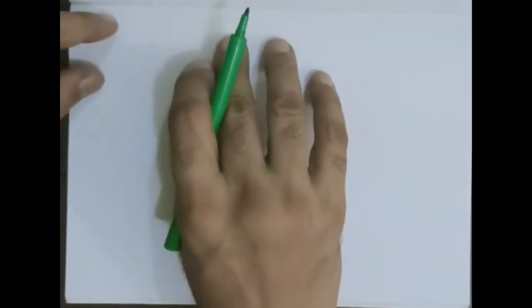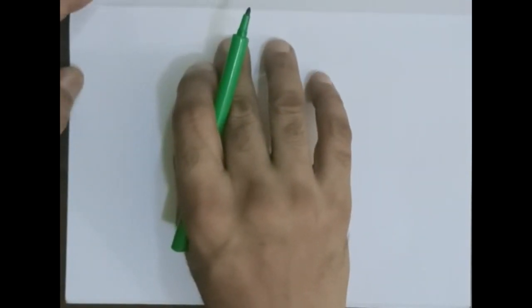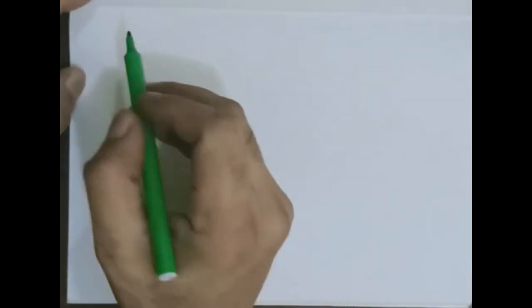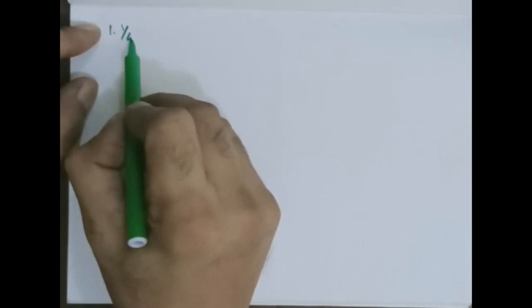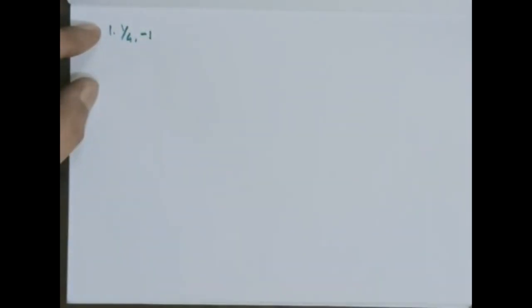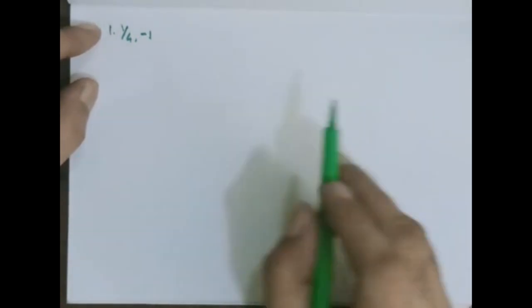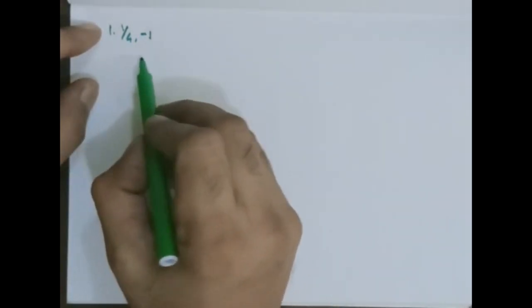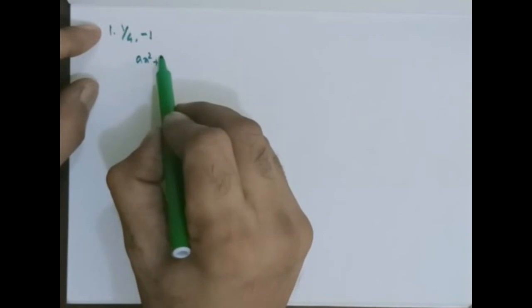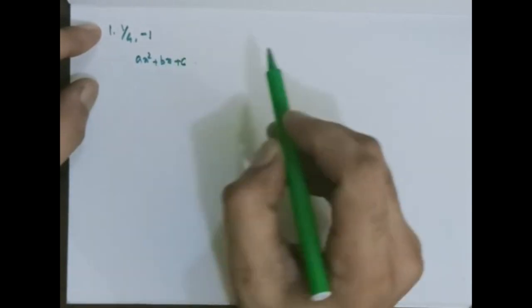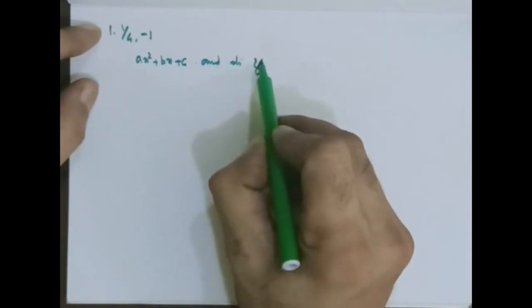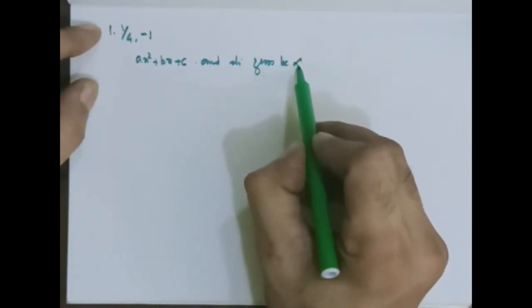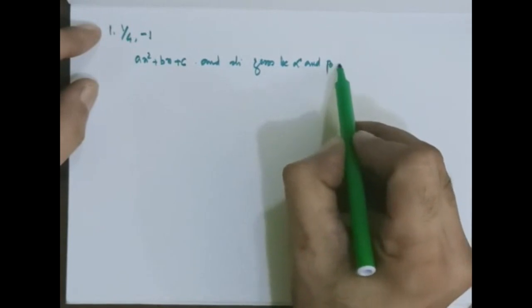Next question. Find a quadratic polynomial each with the given numbers as the sum and product of its zeros respectively. So here the question is 1 by 4 and minus 1. Let us consider the polynomial of the form ax square plus bx plus c, and its zeros be alpha and beta.